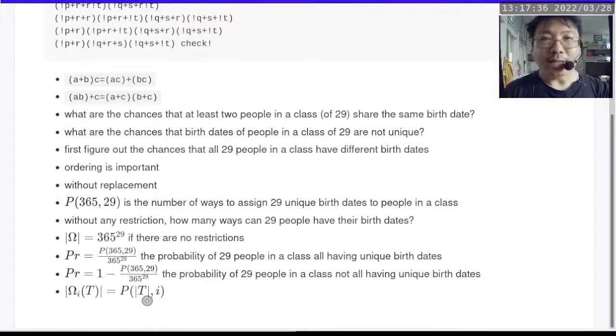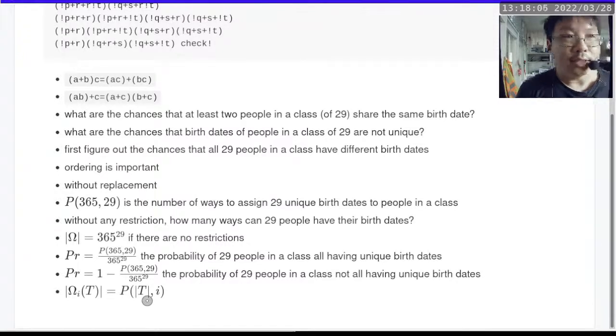If we have a class of 0, how many ways can we arrange birth dates assigned to students? That's counted as 1. Basically there's no one here, but it is still 1. The tuple has no items in it, but there's still an empty tuple as the only element in the set. Exactly, there's only one way to choose nothing.